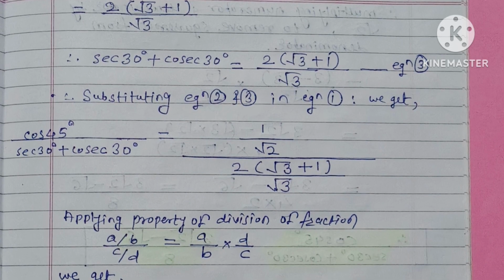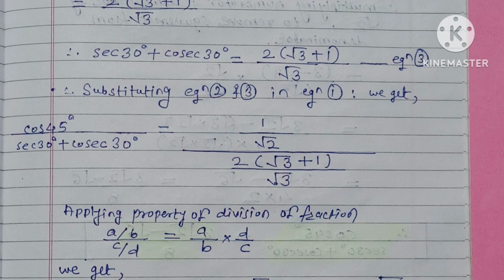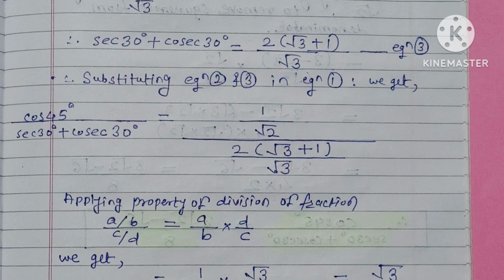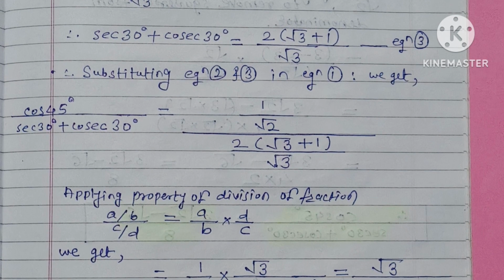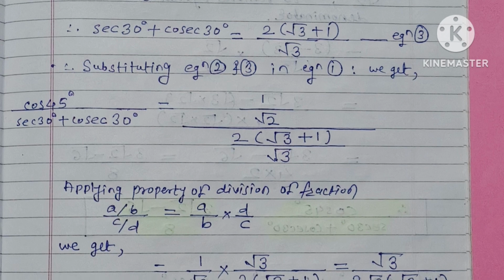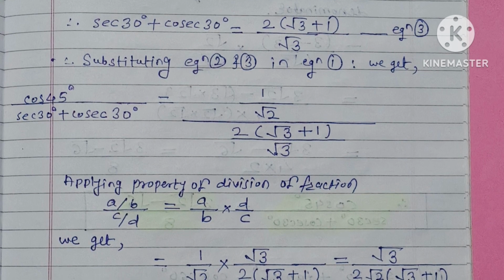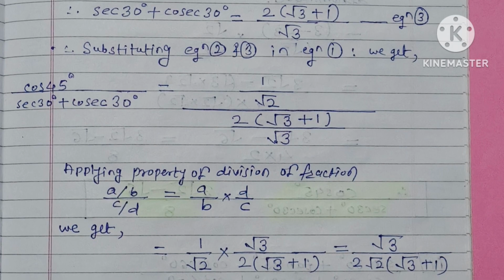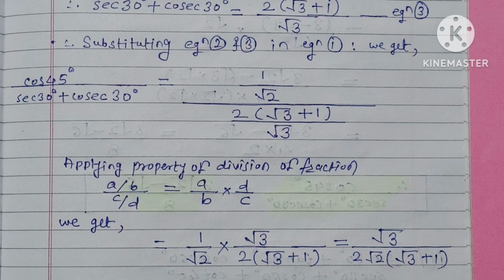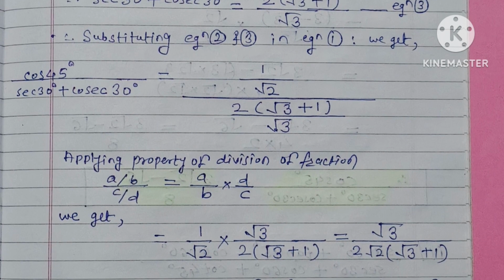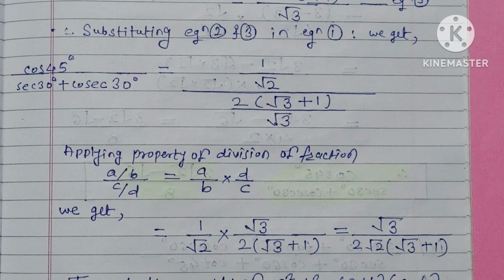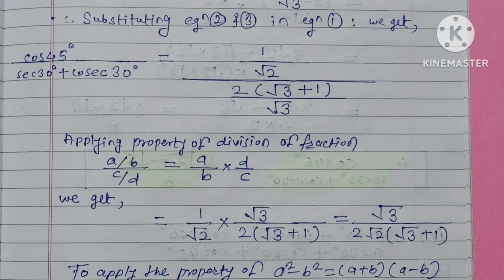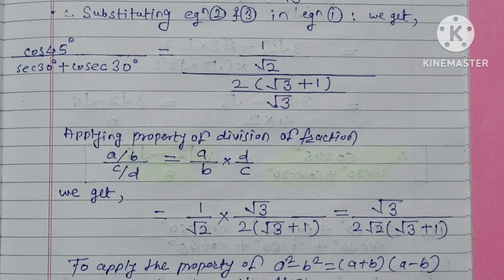So after substituting the values, again we have to apply the property that one fraction is getting divided by another fraction. So we can take the denominator, reverse the order and write it down. I have mentioned the formula here in terms of a upon b, which is the numerator, where a is the numerator of the numerator and b is the denominator of the numerator, divided by c upon d, which is the denominator.